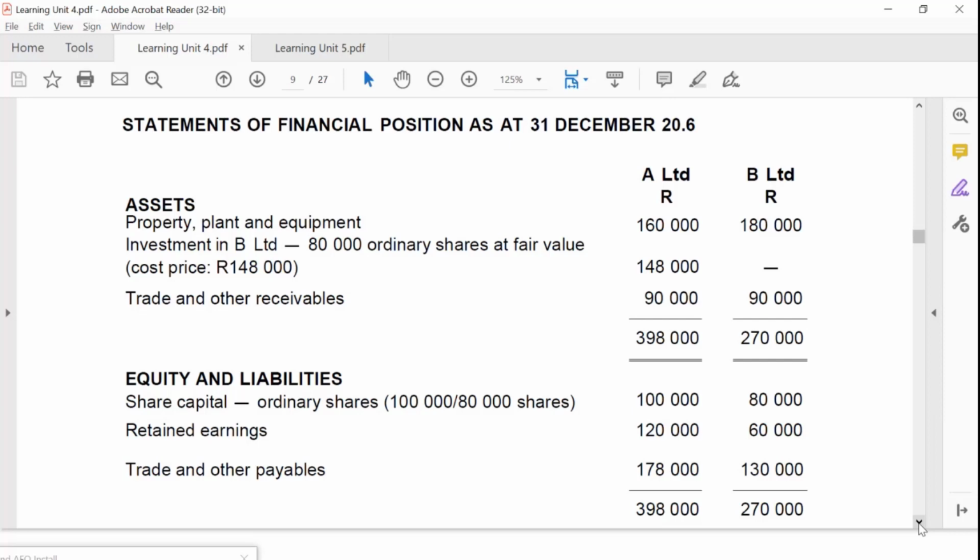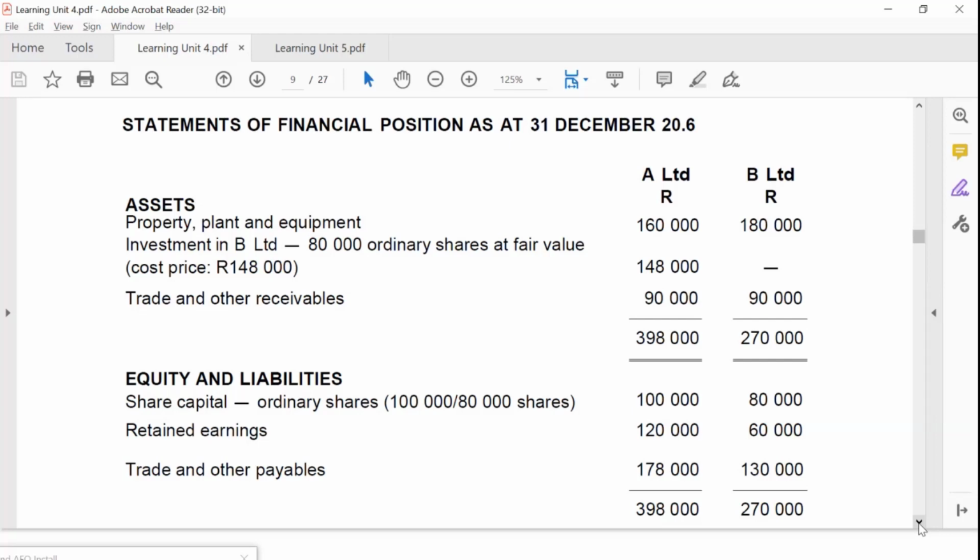Will you be able to calculate the percentage holding that A has in B? Yes, I would say it's 80,000 ordinary shares.